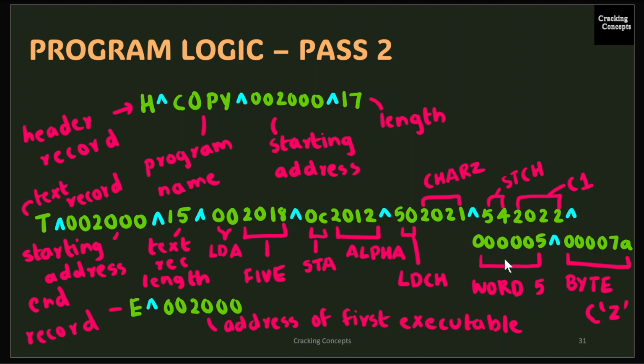Then we have STCH with opcode 54 and the C1 having location counter value 2022, and it follows on. Finally, we have the end record where we have the address of the first executable instruction in the object program.